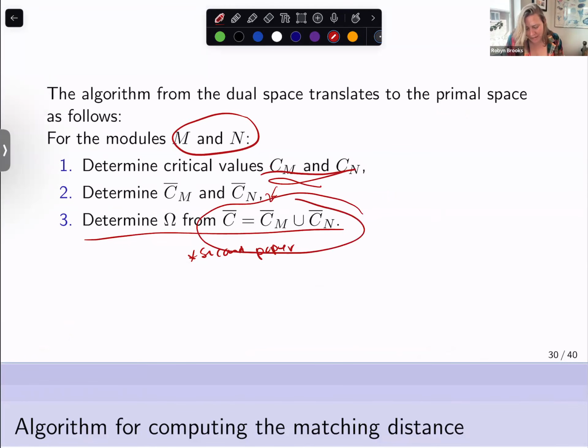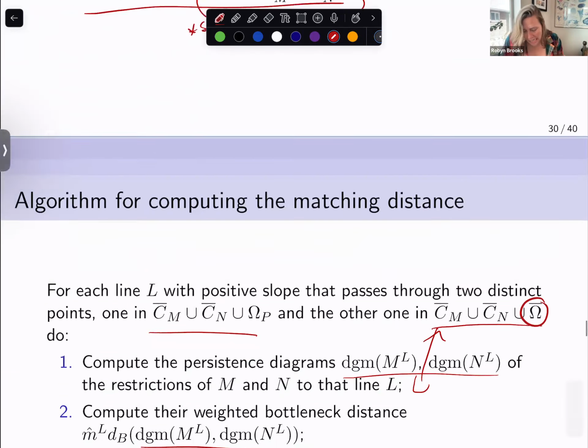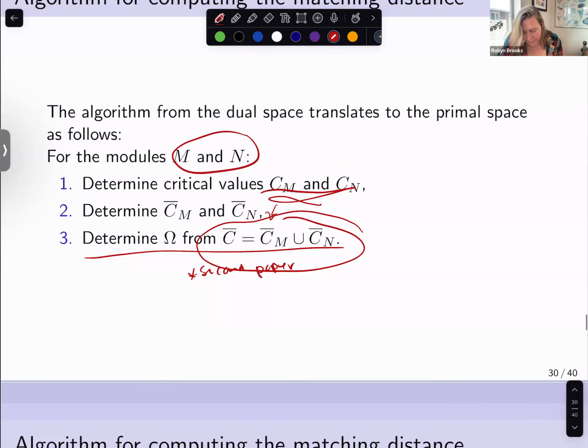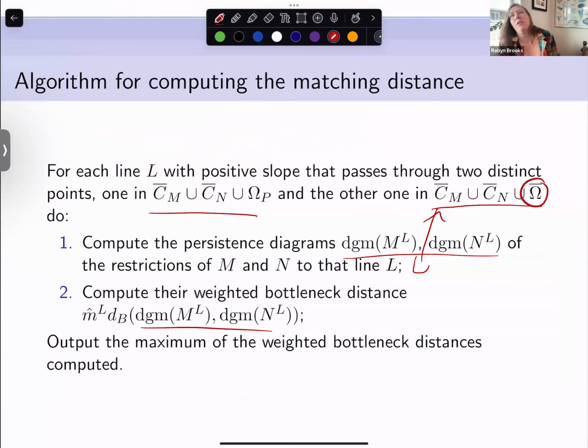This is the implementation, and then this part is something everybody knows how to do, like computing persistence diagrams along those lines. And what language did you use? We are using Python, if that's what you mean. I'm not an implementer. I'm a friend of implementers, a colleague of implementers.